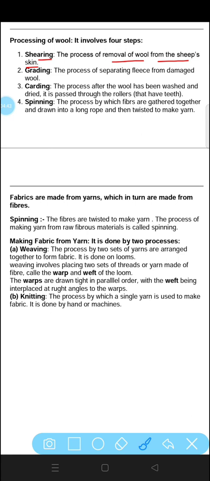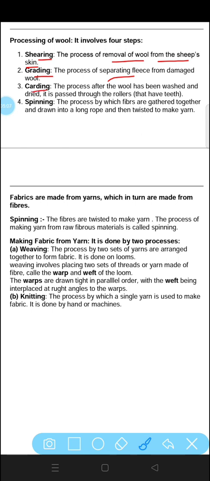After that, grading. The process of separating fleece from the damaged wool. First we have done the shearing, in which the wool has been separated from the skin of the sheep. Then, if it has some damaged wool, it will be separated from the fleece, and this process is called grading.